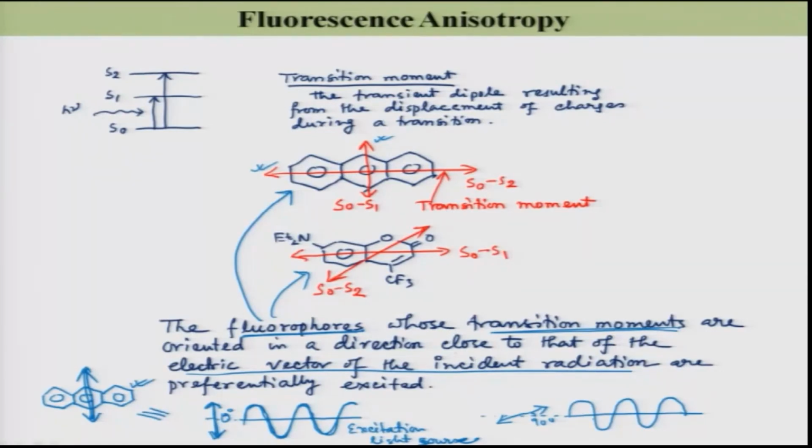Now, let us take a situation that I have many molecules in solution. Let me draw one sample chamber over here, and here you have taken several of these fluorophores in a particular solvent.